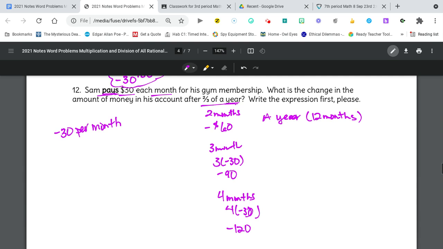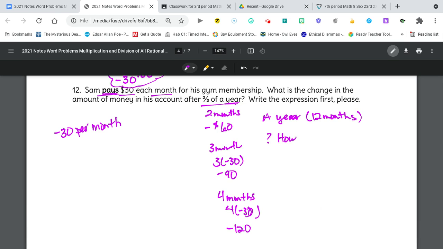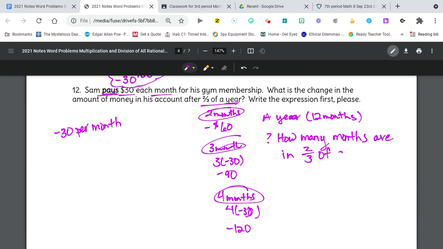Okay, so the question is, how many months are in 2/3 of a year? I mean, why couldn't this be a nice problem that had like 2 months, 3 months, 4 months, 5 months, something like that? All right, how many months are in 2/3 of a year?